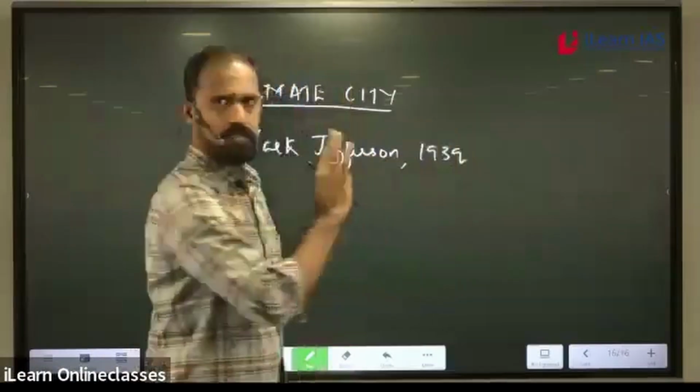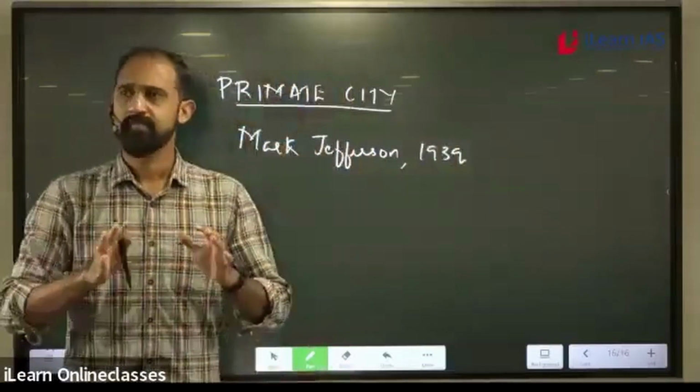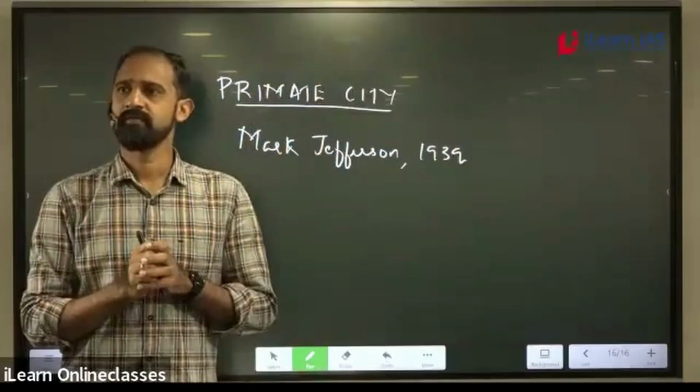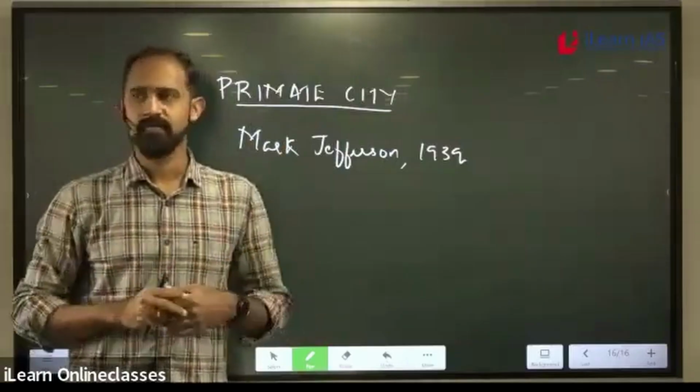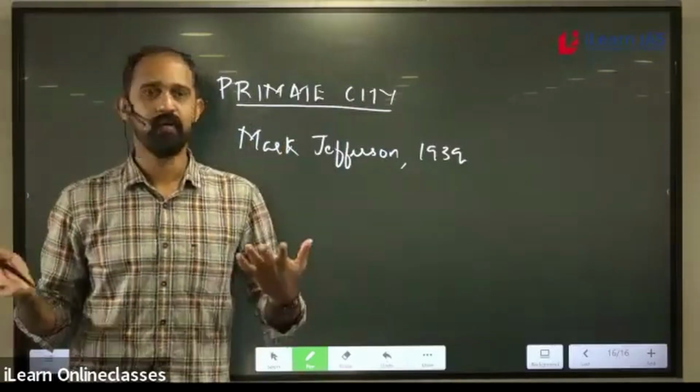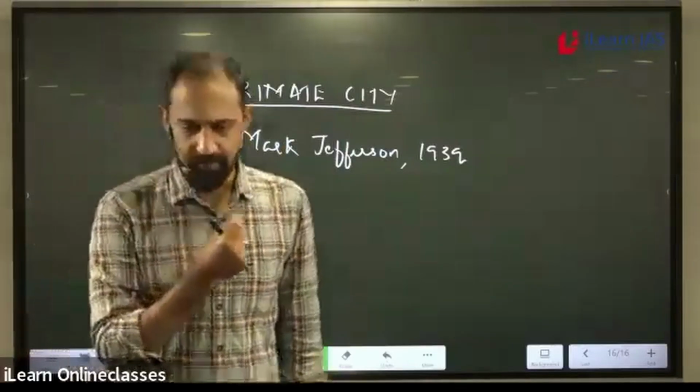Okay. In simple terms, it's the most dominant city in our urban hierarchy, which dominates or overshadows every other city. And probably in many cases, you will not even know the second largest city. So that will be the dominance of the primate city.